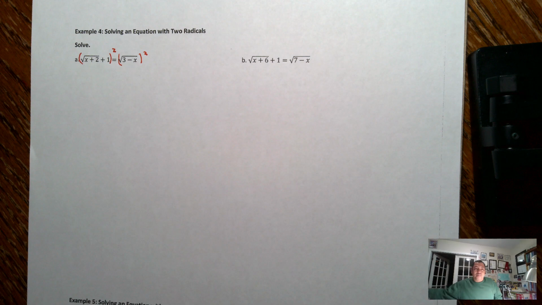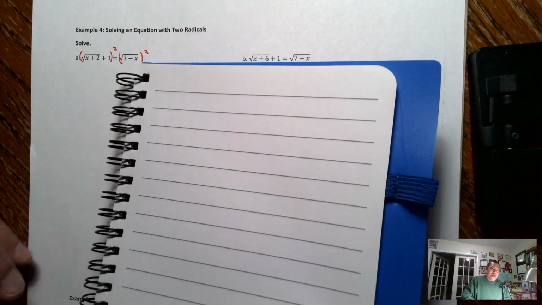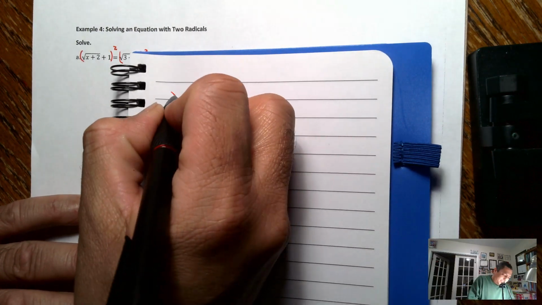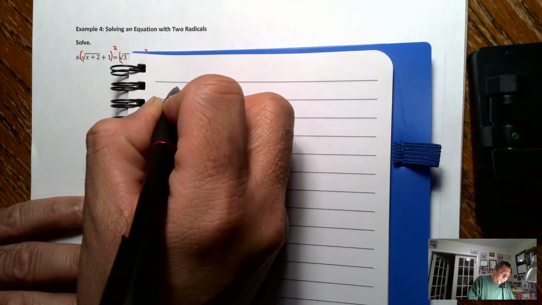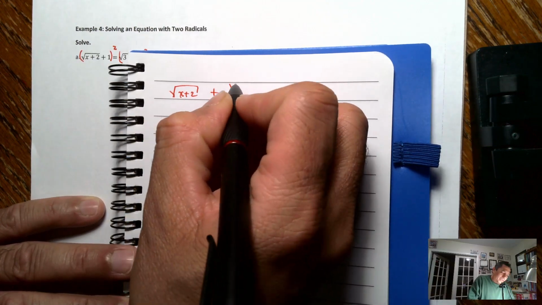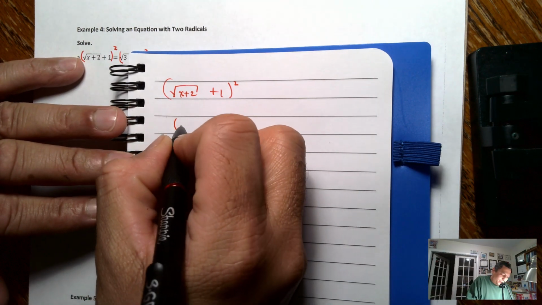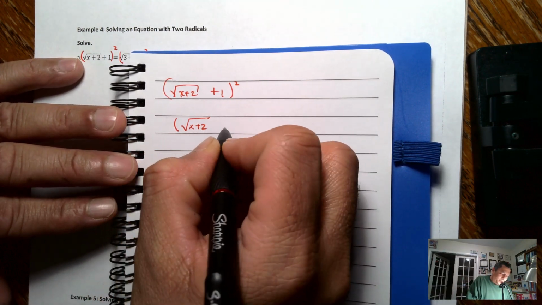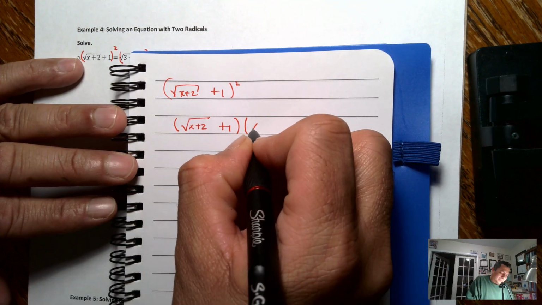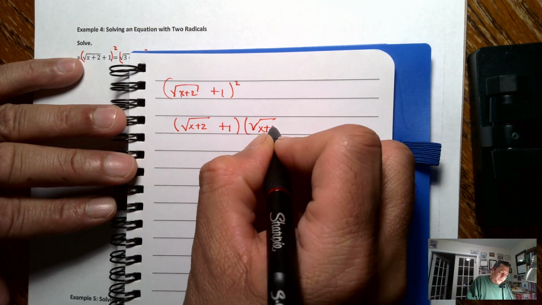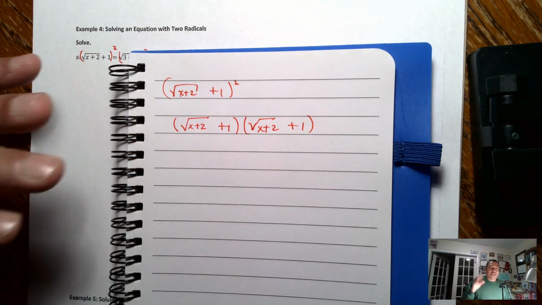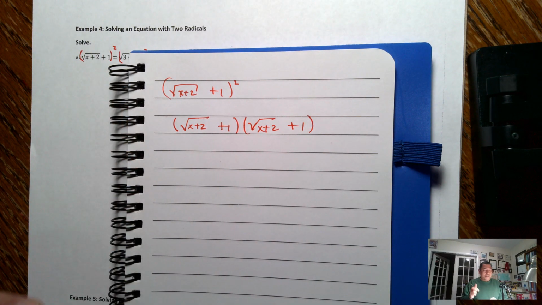So for example, in this case, I have the square root of x plus 2, plus 1, to the second power. You can separate that binomial. So I can do the square root of x plus 2 plus 1 times the square root of x plus 2 plus 1. This is if you don't want to use the formula.